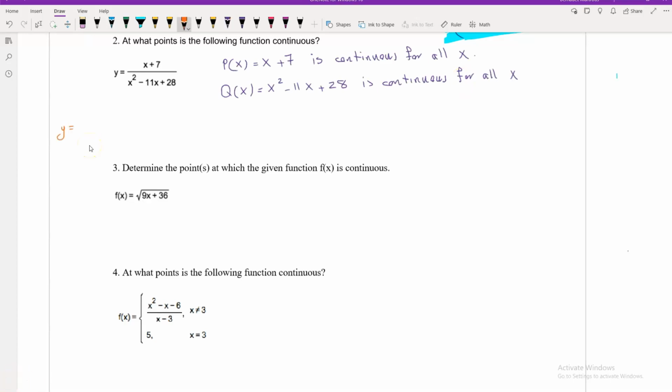And what is given is quotient of these two polynomials. So it's p of x divided by q of x.